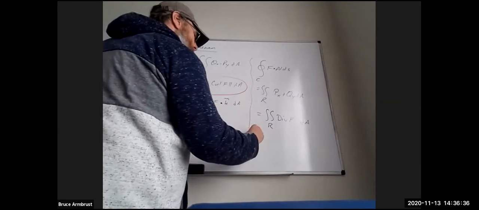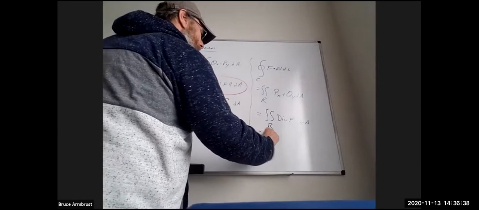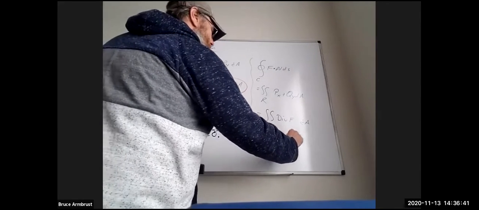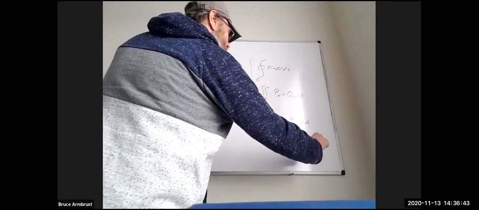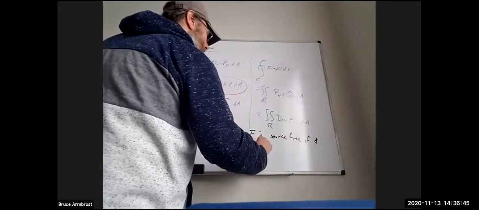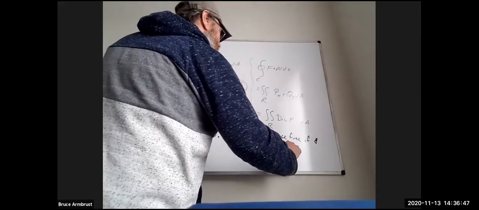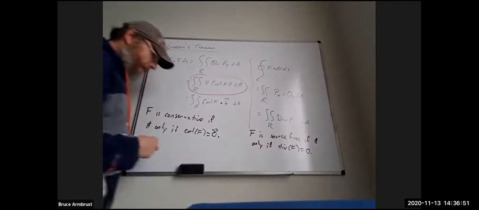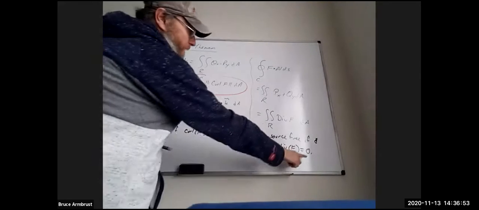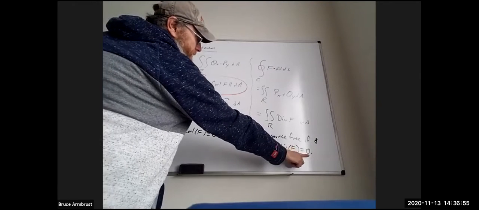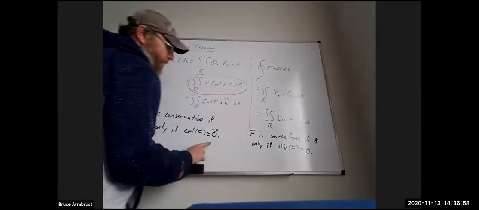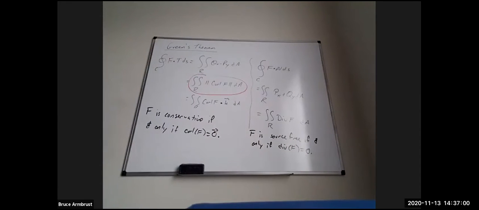So we can say this: F is source-free if and only if the divergence of F is 0. And just drawing your attention to not putting an arrow over the 0, because that's not the 0 vector, that's the 0 scalar, whereas the curl was the 0 vector.